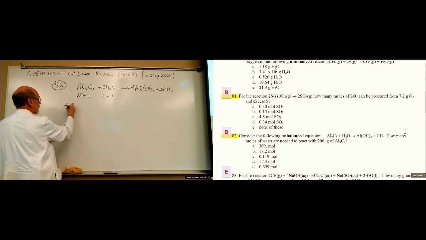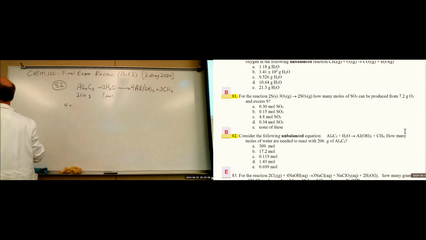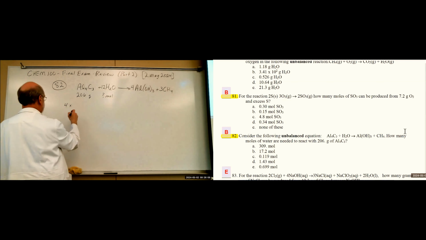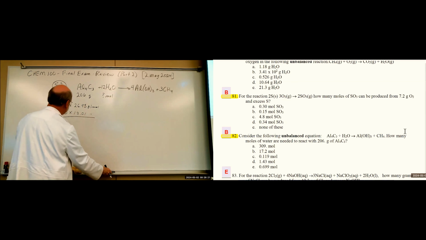Right, so that's 4 times what's aluminum? 26.98 grams per mole. And 3 carbons, 12.01. Okay, so let's add those up.